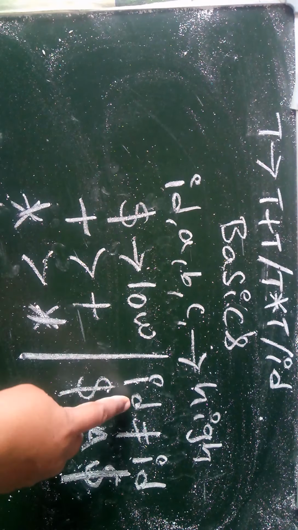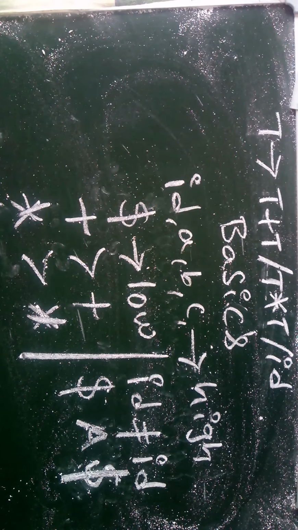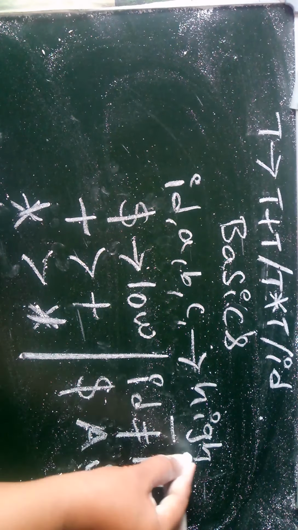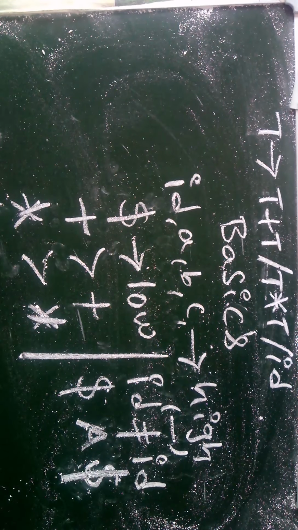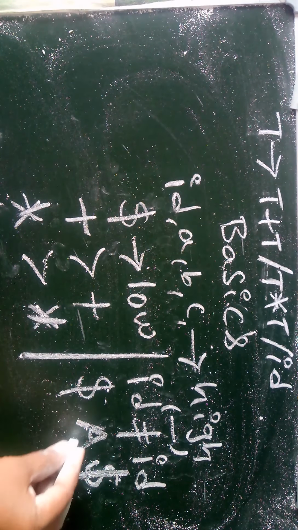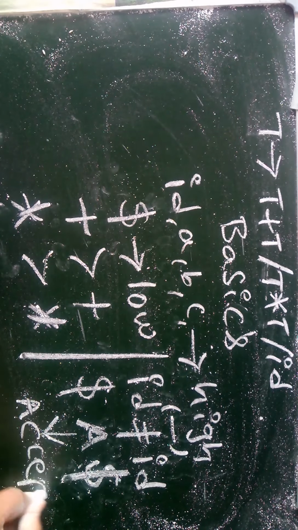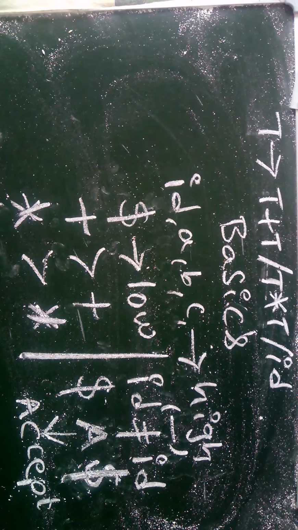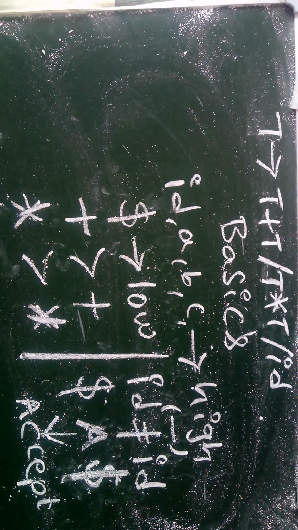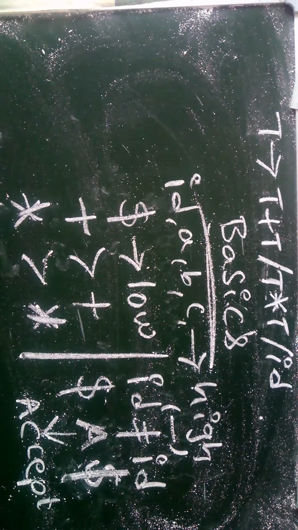Next, if there are two IDs, then we simply put a hyphen. If two dollars are there, then that is called the acceptance state.